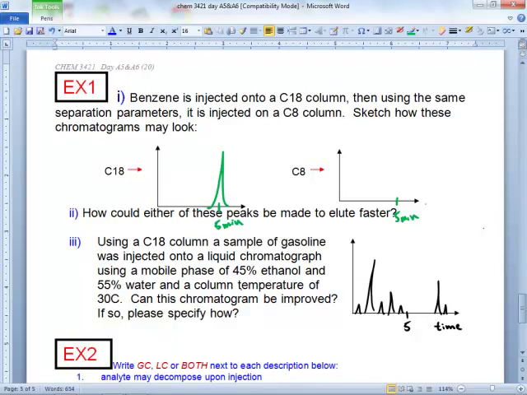Right at 5 minutes, faster or longer? Longer? Over here somewhere? Or she just drew it big and fat? She just drew it big and fat. Okay. Anybody do anything different? I hear faster.